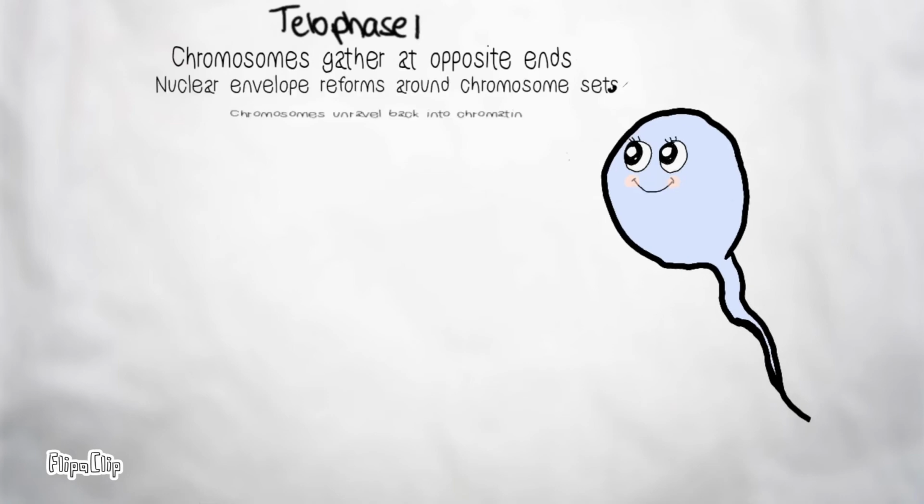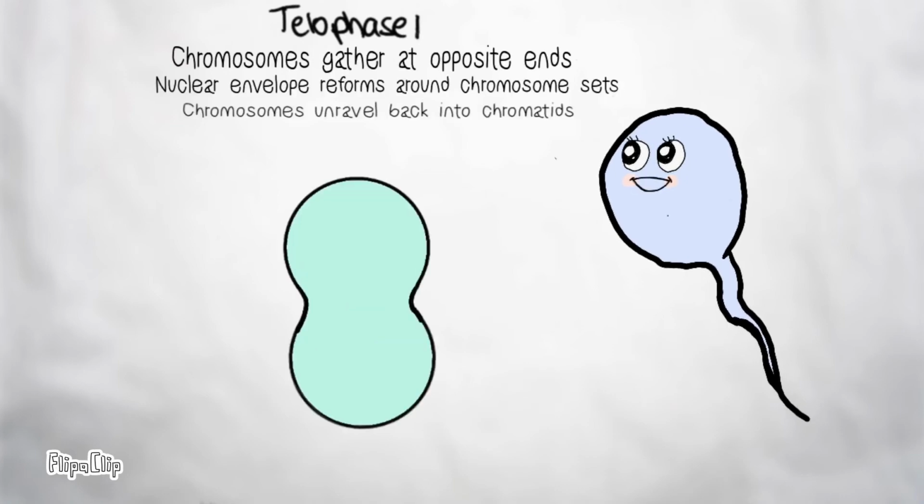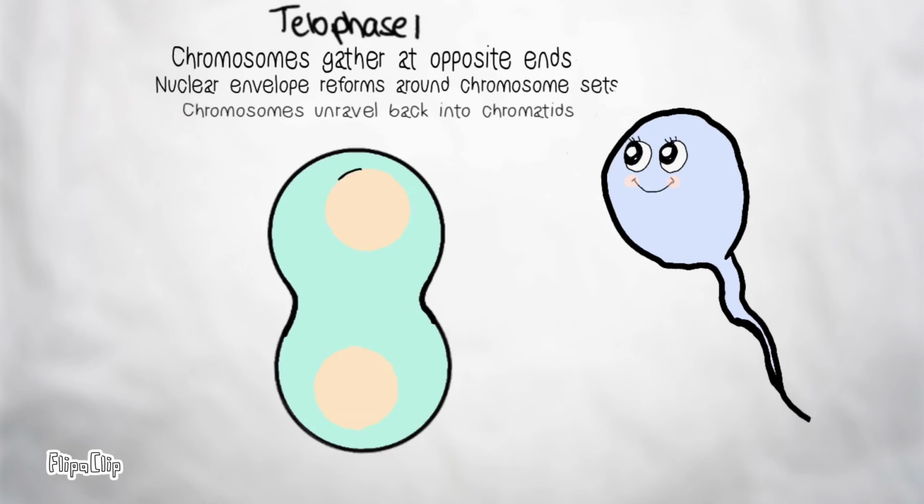After anaphase 1 is telophase 1. This is when chromosomes gather at opposite ends, the nuclear envelope reforms around the chromosome sets, and the chromosomes unravel back into chromatids.